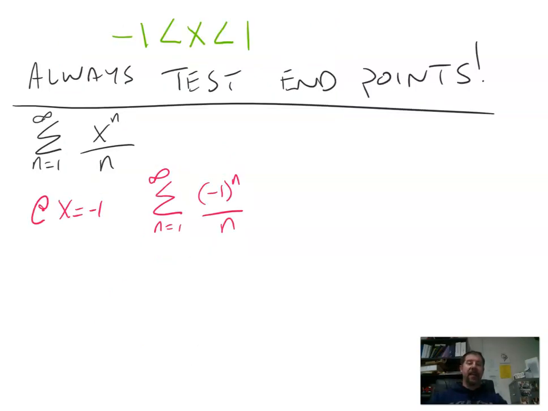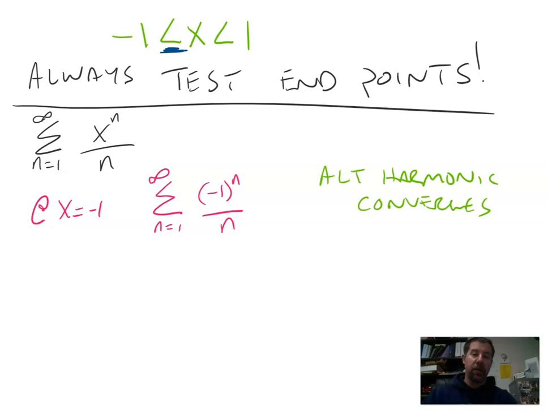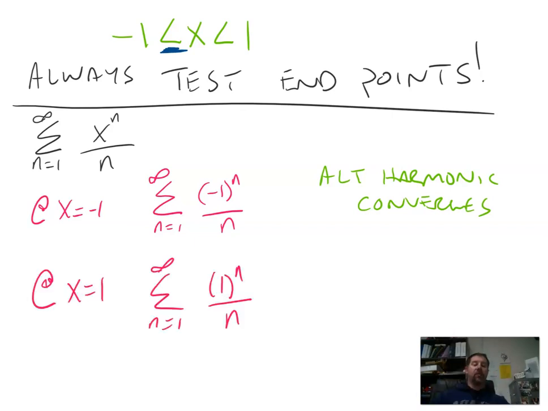If we test at negative 1 and plug negative 1 back into the original power series, we get negative 1 to the n over n, which is the alternating harmonic, so that is going to converge. So we would put a little 'or equal to' underneath the inequality for negative 1. And now let's test x equals 1. When I get 1 to the n, that's just 1 over n. And so this would be the harmonic.